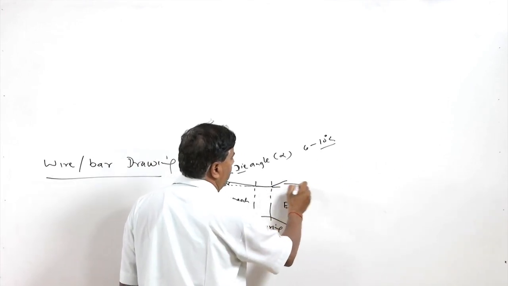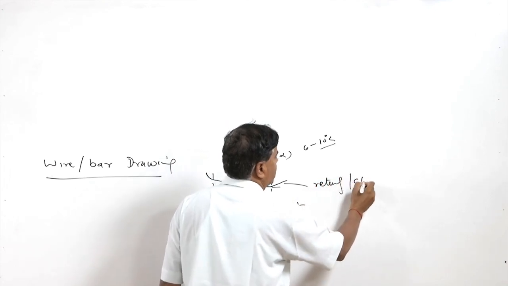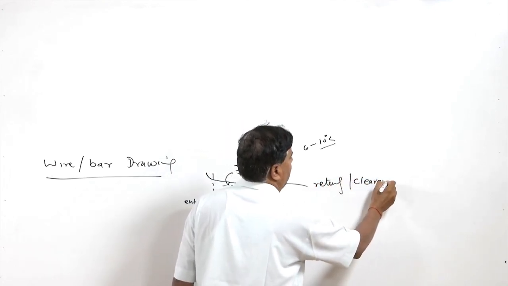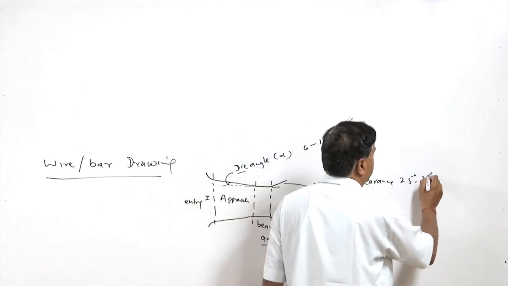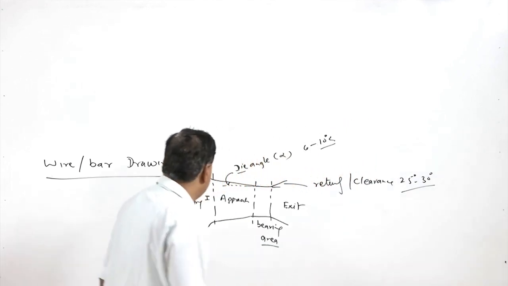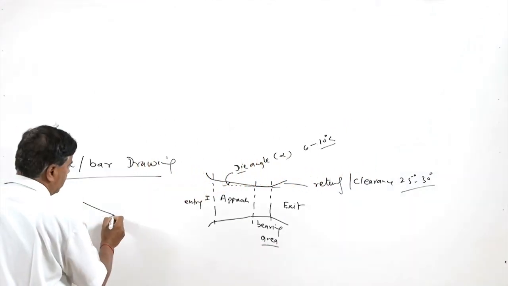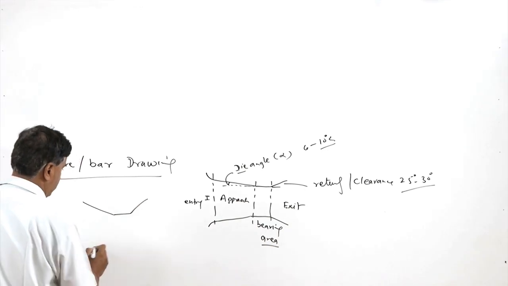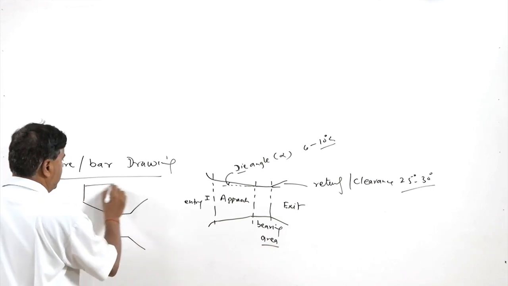Here the relief or clearance angle is given, which is quite high, like 25 to 30 degrees. So, in this process, in general, the cross section goes in like this of the die.